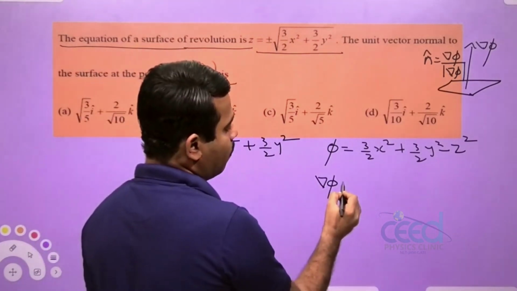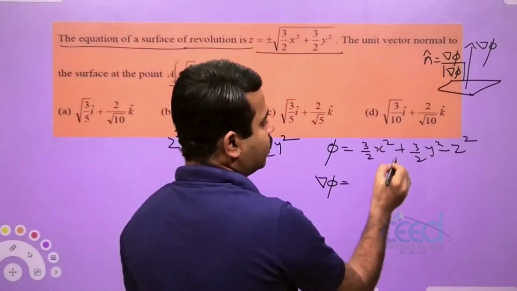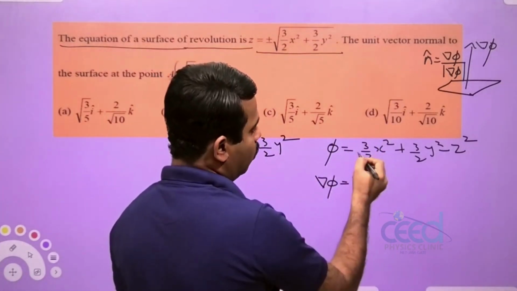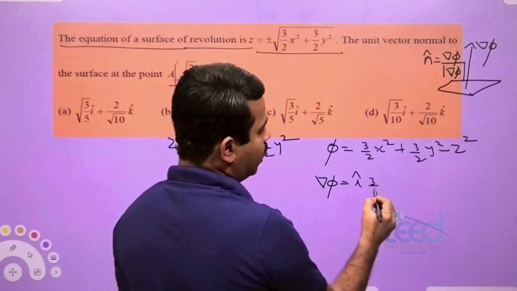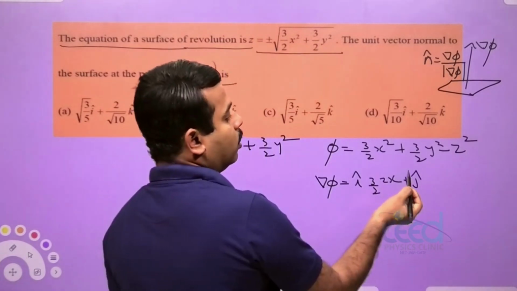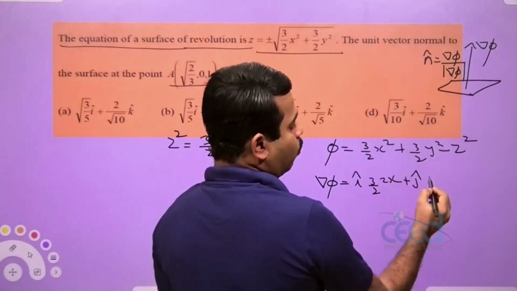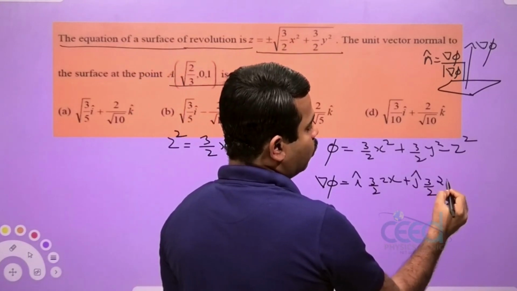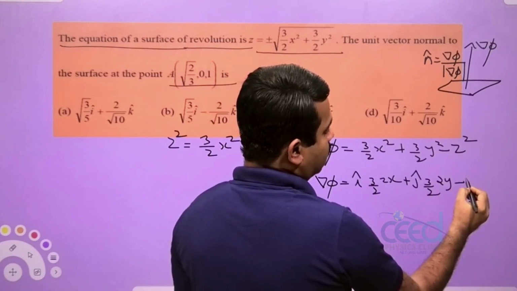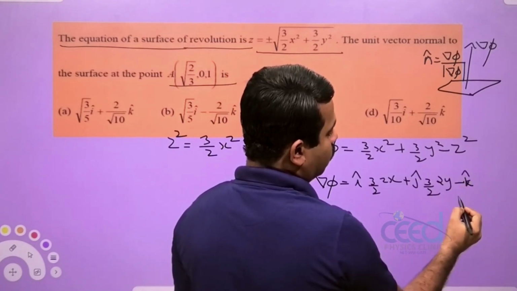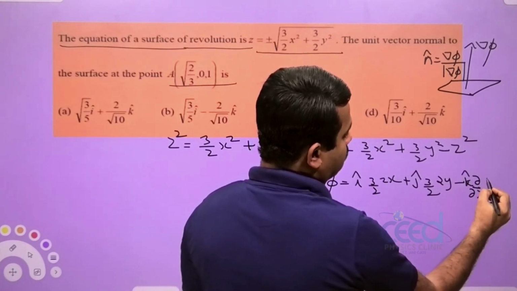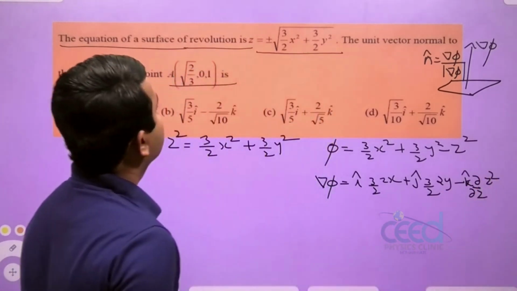Gradient phi is equal to i cap dou by dou x of this function, right? i cap into this one differentiation, 3 by 2 into 2x, plus j cap into dou by dou y of 3 by 2 y square, that is 3 by 2 into 2y, minus, right, k cap into dou by dou z of z square, right?